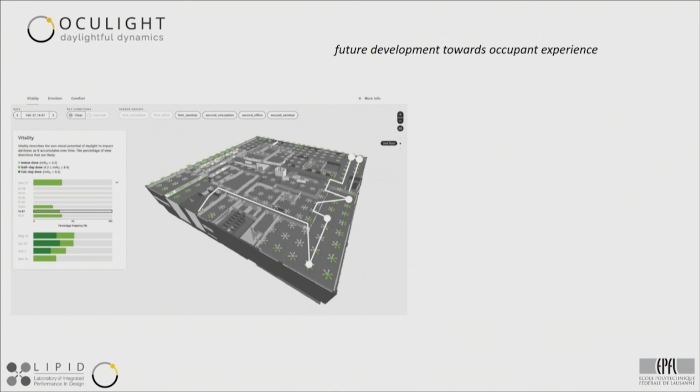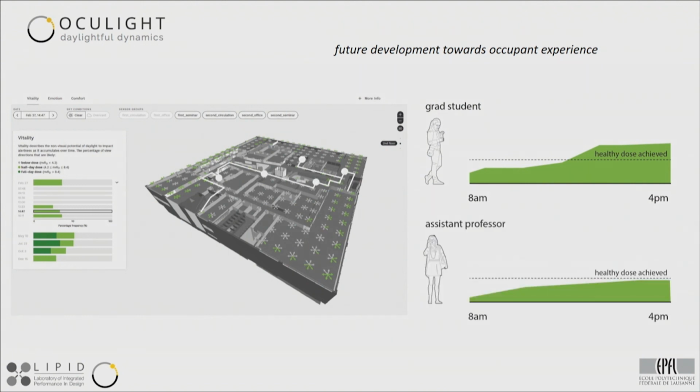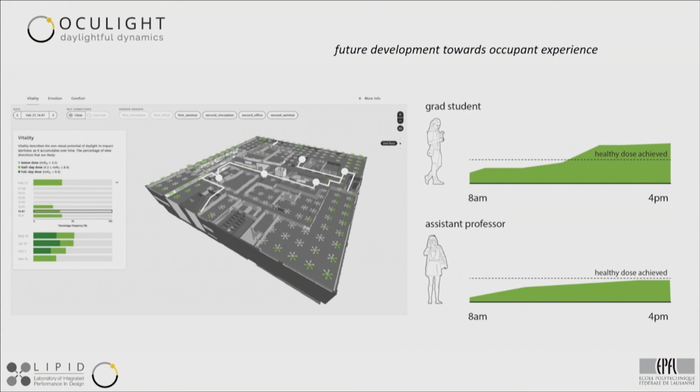And here, the idea is to look at a path or the day of someone, let's say a graduate student, and if the graduate student has the opportunity to spend enough time in these areas and work mostly in these shared spaces, the dose of light exposure might be enough for that grad student to feel healthy, whereas the poor assistant professor might spend all her day going from the bathroom to getting a sandwich at the cafeteria and back to her office, and might not reach the healthy dose that she needs.